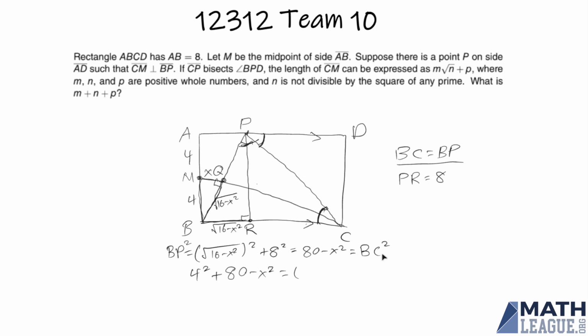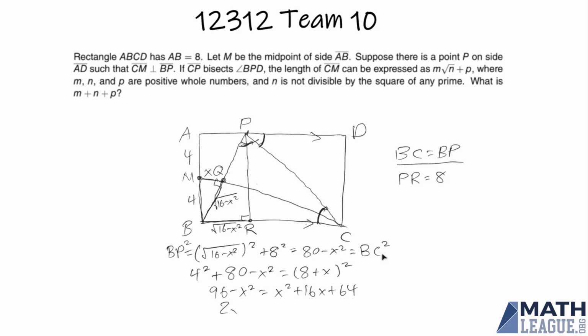Well, CQ is 8 from what we saw earlier, because PR is 8, and MQ is x, so we have 8 plus x, all squared. So now we can simplify this equation. We get 96 plus x squared equals x squared plus 16x plus 64.